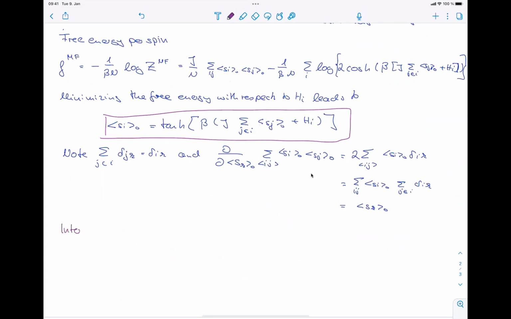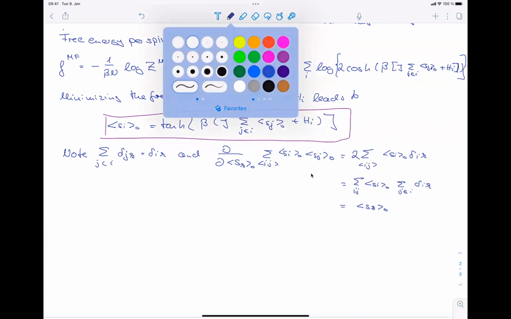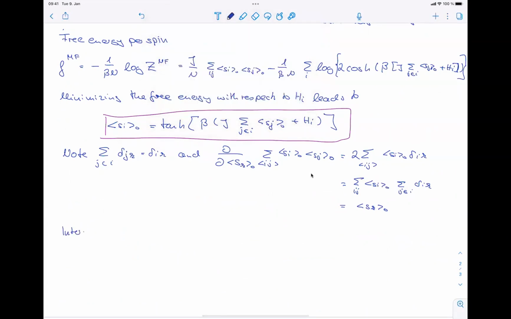So we're interested in the critical region, where the magnetization is small.